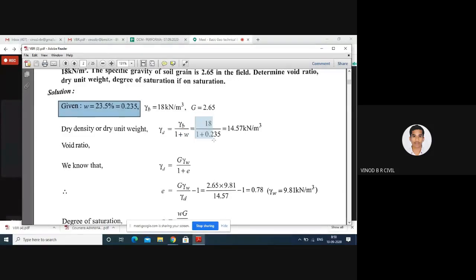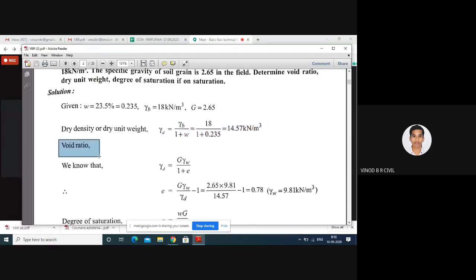So gamma d equals 18 divided by 1 plus 0.235. Therefore, gamma d equals 14.57 kilonewton per meter cube. First, you calculated the dry unit weight value.